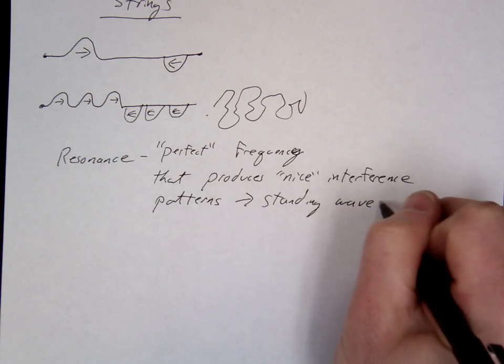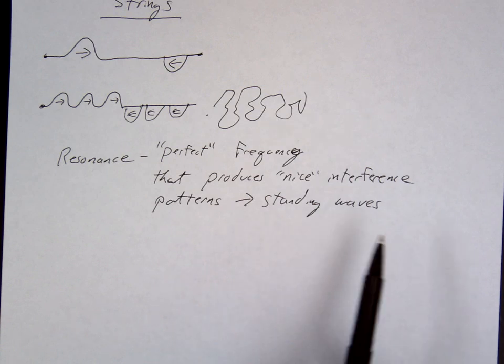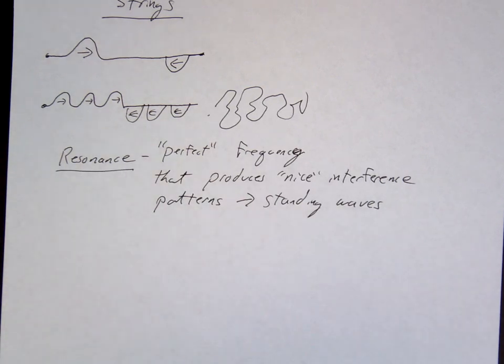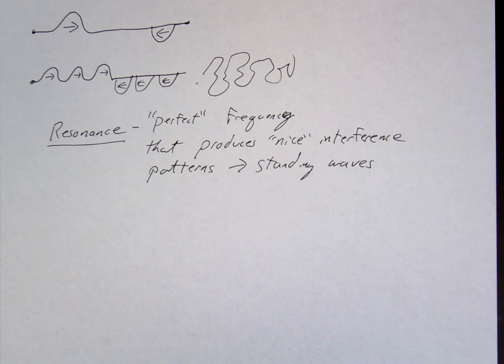So probably from this point forward, I'll just refer to this either as resonance or standing waves. And these are nice patterns where the waves almost look like they're standing still. It looks like a snapshot of a wave as you look at it and visualize it. So that's what we'll be focusing on for the next few days. And when you're playing music, that's what you're looking to get, these special resonance patterns.